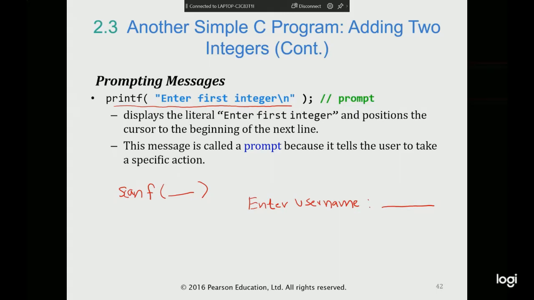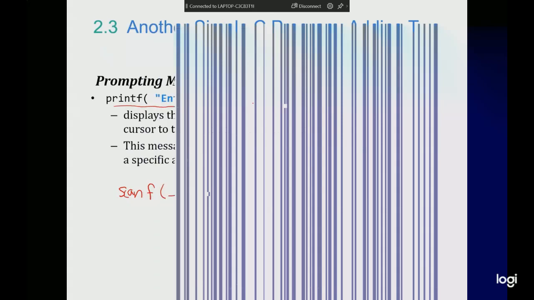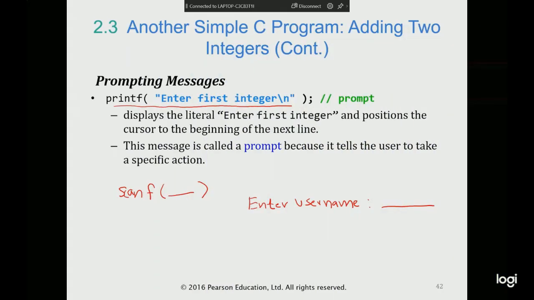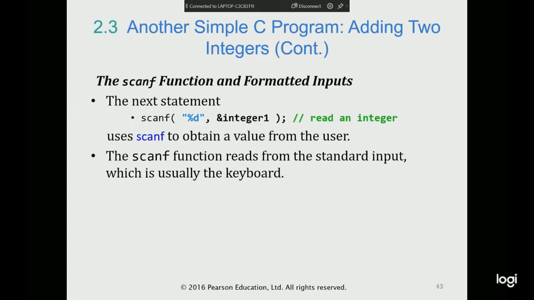So what this prompt is doing is just saying enter first integer, and then it has \n, which means take the cursor to the next line. And so on the next line, your program is waiting for the user to input an integer using a scanf statement.